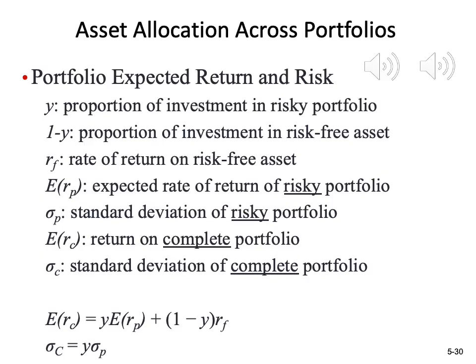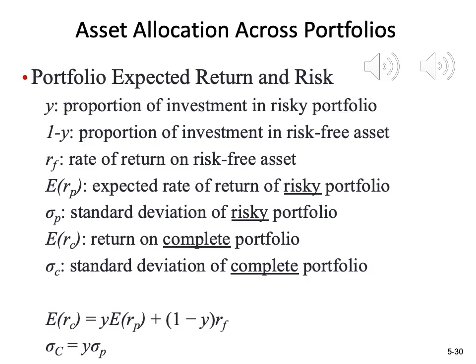One is risk-free asset, the other one is risky portfolio. RF is the rate of return on risk-free asset. Expected RP is the expected return of the risky portfolio. Sigma P is the standard deviation of risky portfolio. Expected RC is the expected return on complete portfolio. Sigma C is the standard deviation of complete portfolio.